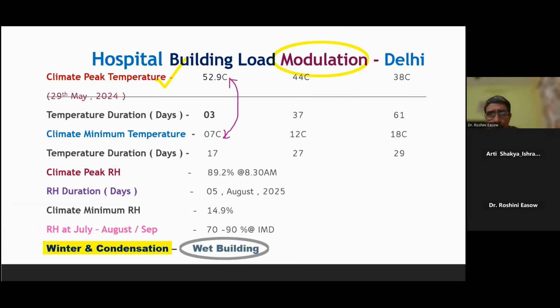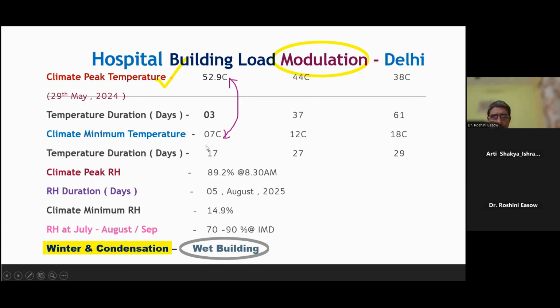See, this is a real life example which we have done for Delhi. Delhi recorded 52.9 C, you see 52.9 C, this was the temperature recorded in 2025. That was for 3 days. Again, the temperature came down to 7 degrees centigrade.